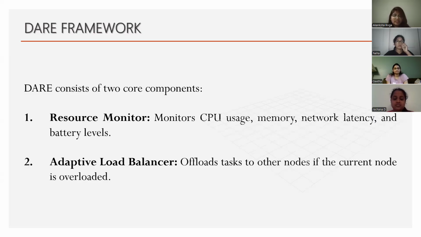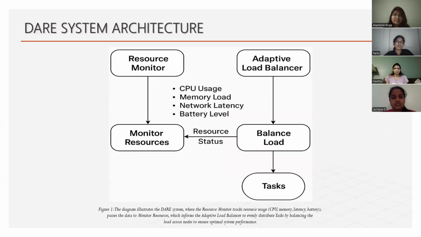Each node regularly shares its status with nearby nodes, which ensures efficient communication by minimizing the overhead. Coming to the adaptive load balancer, if a node is overloaded, this component decides which nearby node should take over additional tasks, ensuring an even distribution of workloads. I'm next handing it over to my teammate, Rachana.